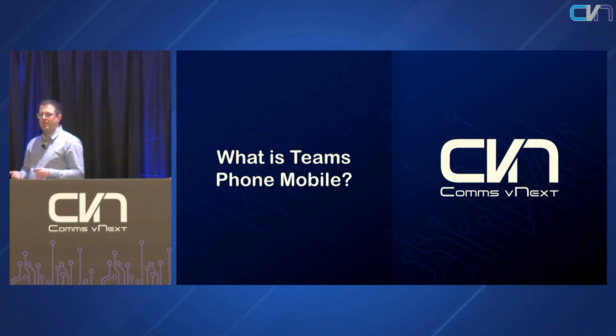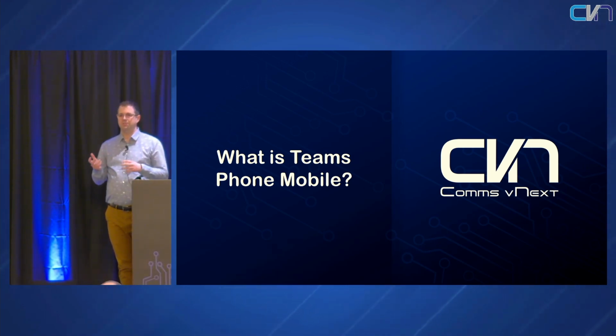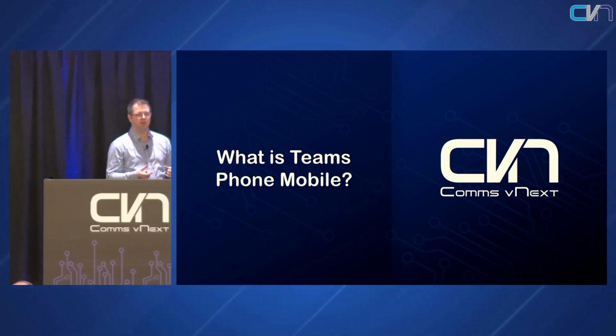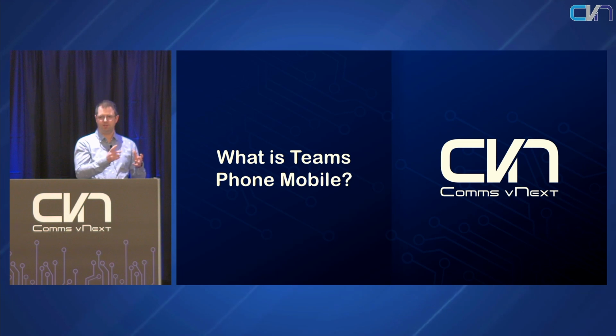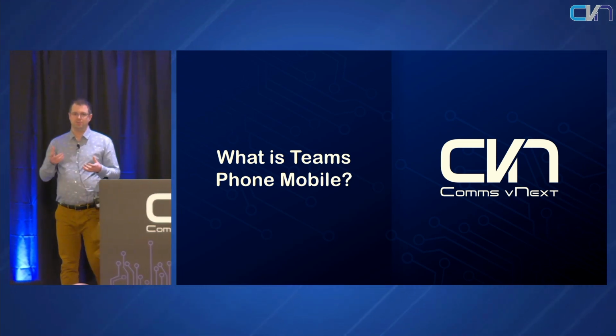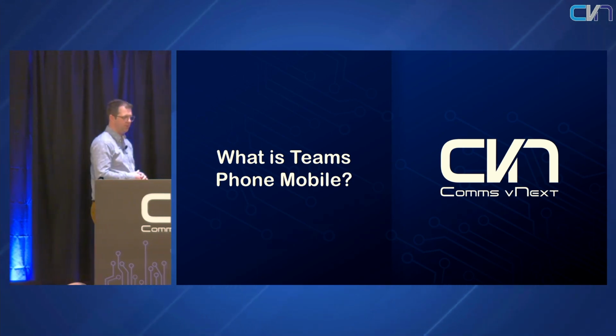The difference here is Microsoft are working directly with the mobile operators to deeply integrate, so that single mobile number really is your Teams number in every scenario. So you can make a call from Teams, or you can make a call from the standard VoLTE dialer on your mobile, not in the app, and it's a Teams call in terms of all the features. So we'll talk about what that looks like.